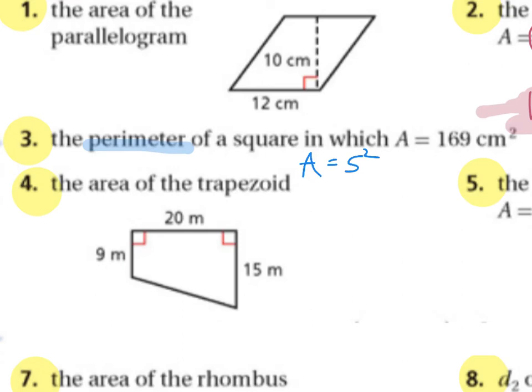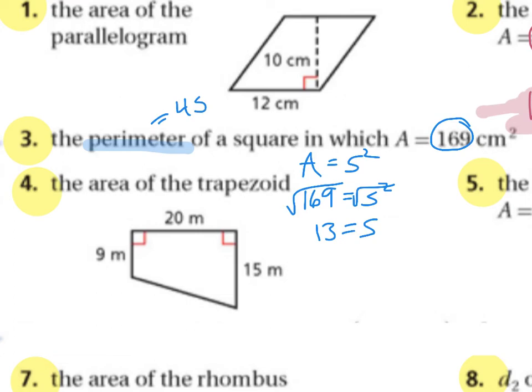So here it gives us the area, so we have 169 is equal to s squared. So we can just take the square root of both sides, and we know the square root of 169 is 13. So 13 is equal to the side length, and we know that the perimeter is 4s.